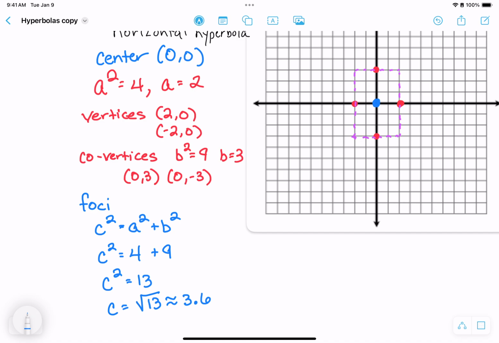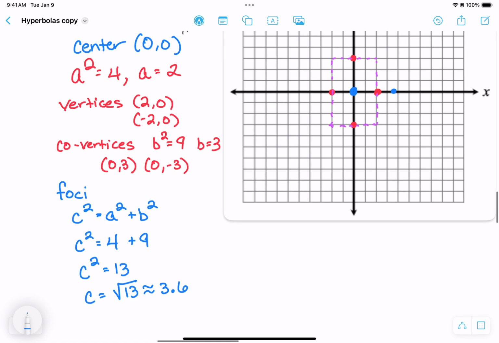These are going to be beyond the vertices, and that's okay. That happens in hyperbolas. So we count 1, 2, 3.6 units. That'll be one of the foci at 3.6, 0. And then we'll count 3.6 the other direction. Negative 3.6, 0. And there's our foci.